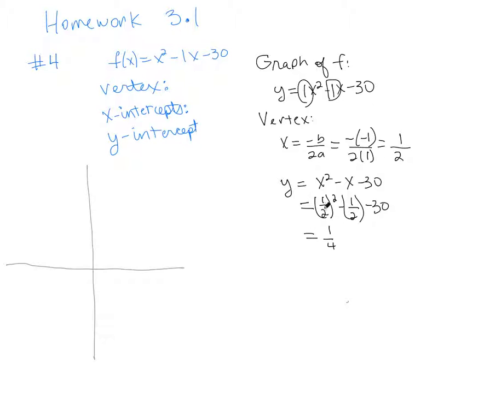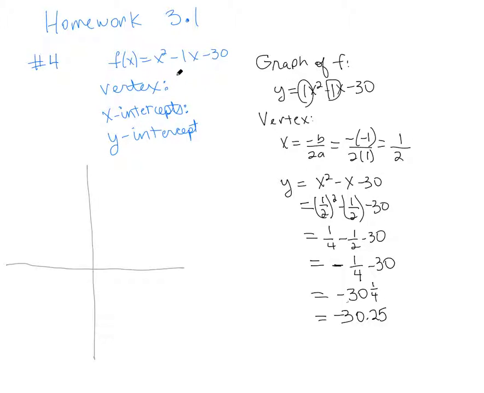Alright, so we do that. 1/2 squared becomes 1/4. Now 1/4 minus 1/2, since 1/4 is smaller, this is going to be negative 1/4, minus 30. And so this becomes negative 30 and 1/4, or negative 30.25. Alright, so this is the vertex.